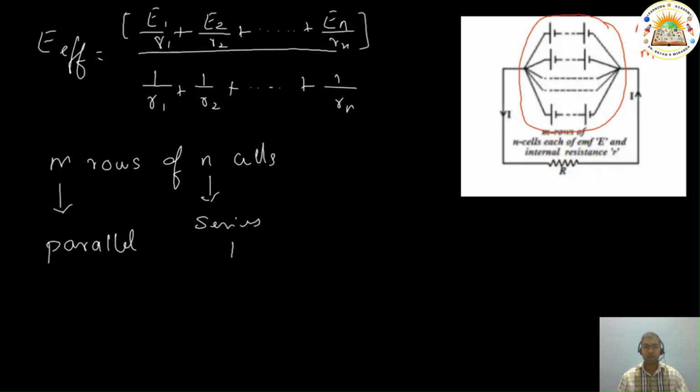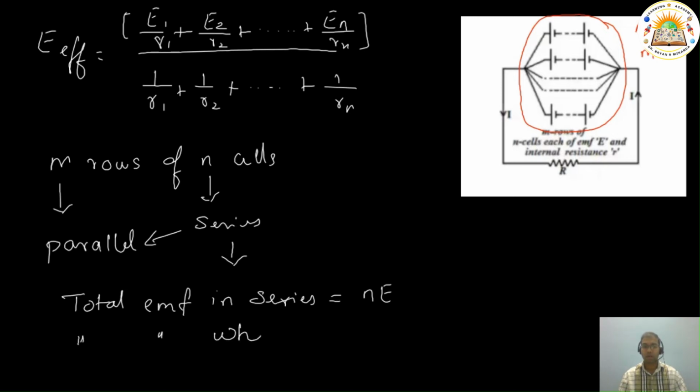Since we have n cells in series, the total EMF in the series combination is equal to n times capital E. Since all the series are connected in parallel, the total EMF of the whole circuit is going to remain the same, that is, n times E.